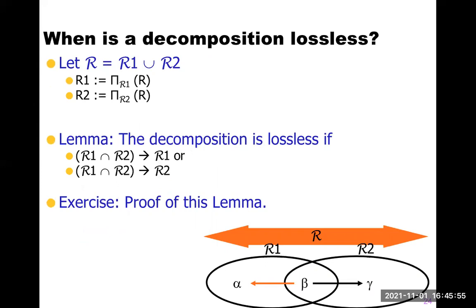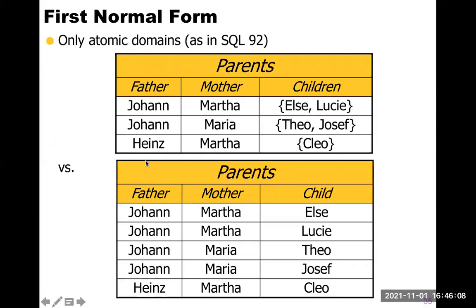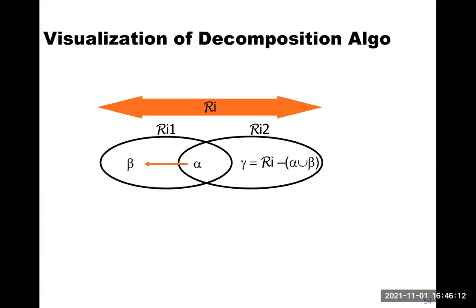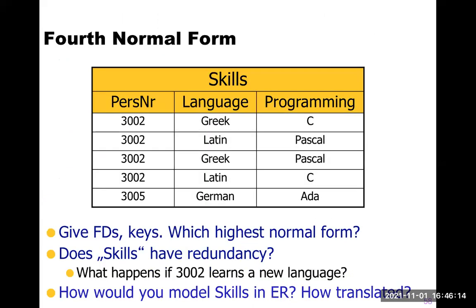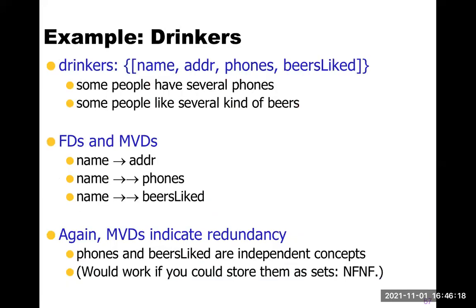But we may have another lossless decomposition without this condition. That's not only if this. And here, for multi-value dependencies, that's two directional. If and only if.